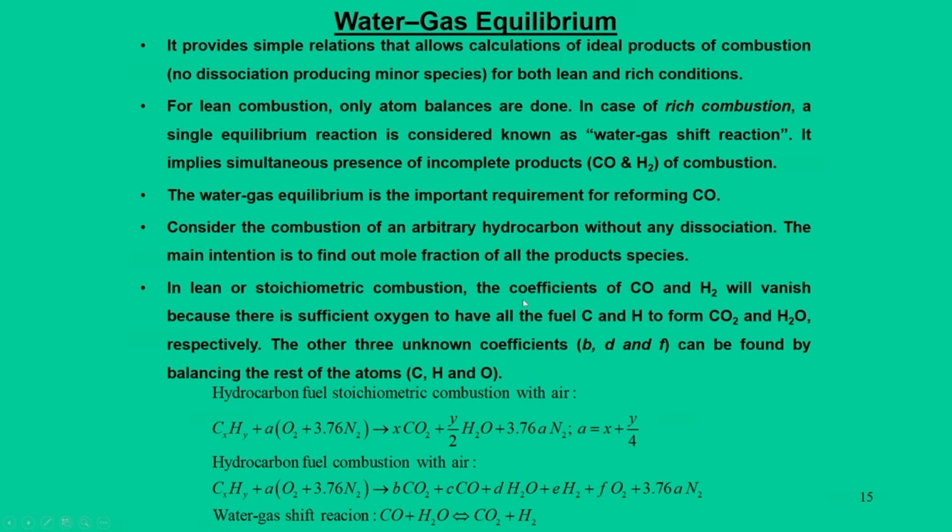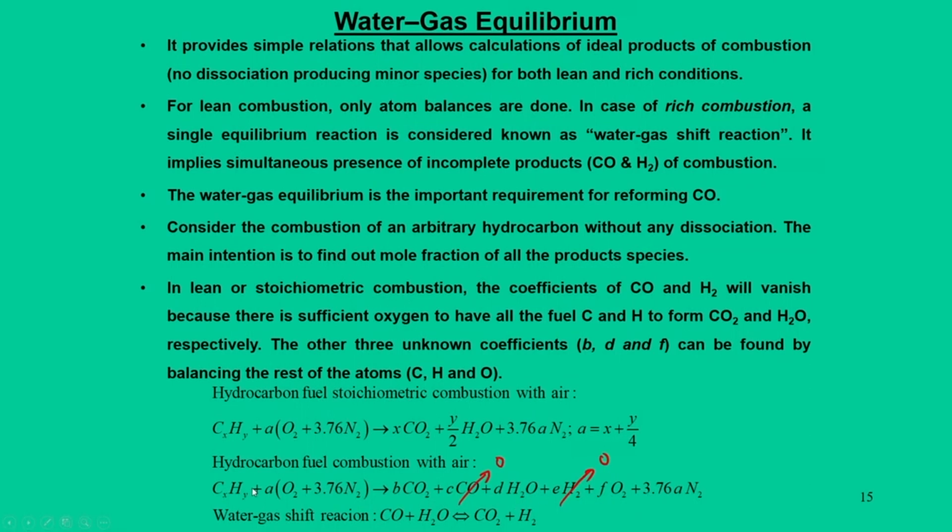In a lean mixture, the coefficients of CO and H2 will vanish. That means CO will vanish and H2 will vanish. So, the reaction for a lean combustion would be that the hydrocarbon fuel, when it reacts with the oxidizer, produces CO2, water and O2.